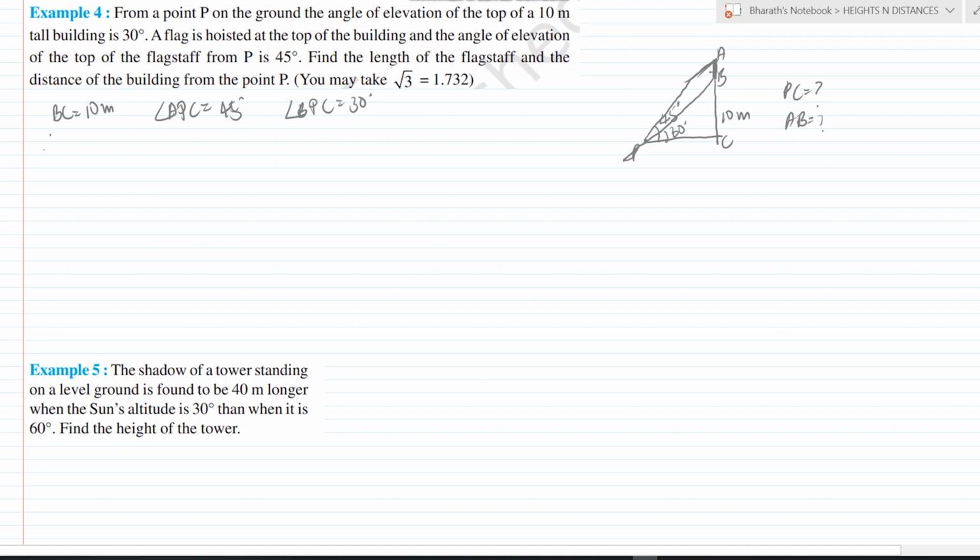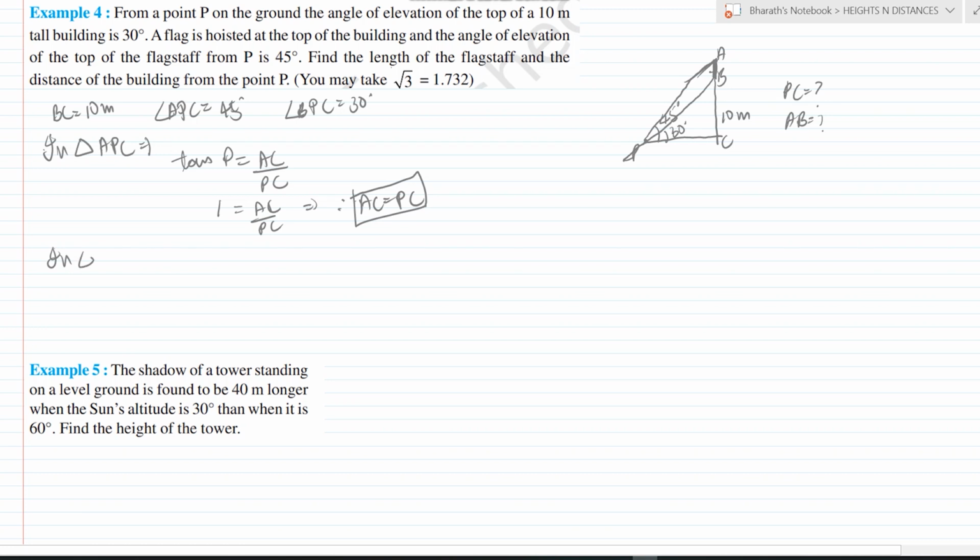So in triangle APC, tan P is equal to AC divided by PC, right? Tan P is nothing but tan 45, which is 1, equal to AC by PC. Therefore, AC is equal to PC. Fine.